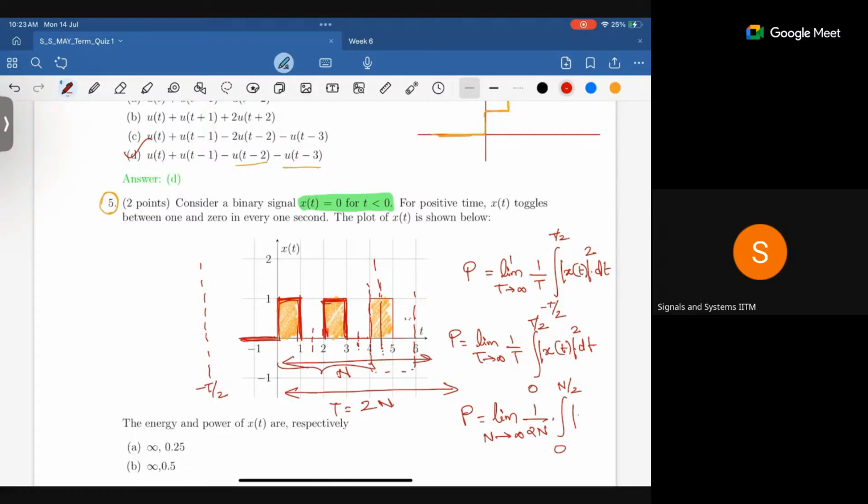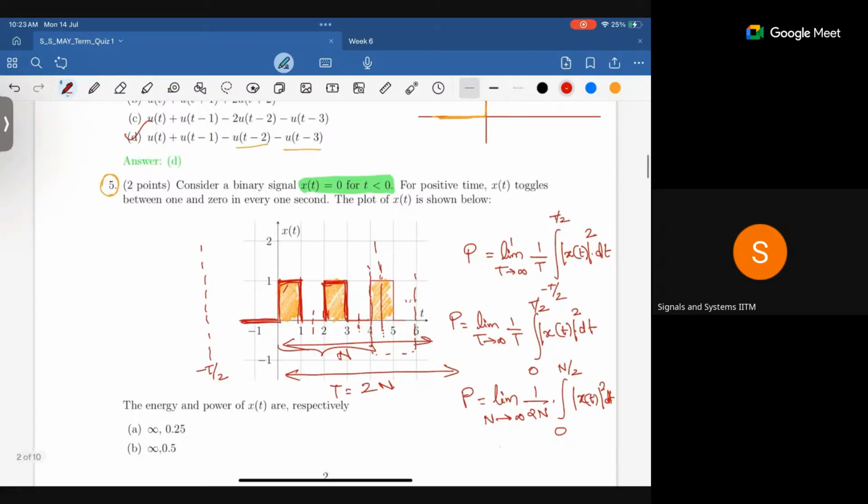Within these n pulses, each pulse will have 1. So we have n pulses, sorry, n by 2. Till n by 2, we'll have n by 2 pulses. This will just give us the limit as n tends to infinity of 1 by 2n into n by 2.